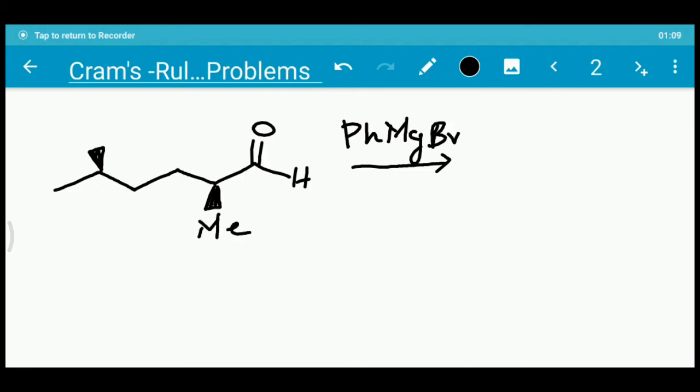This is my starting material, and I have to predict the product and also the stereochemistry of the OH group that is going to be formed here, with respect to methyl. In other words, I have to say whether the relationship between the OH and methyl is cis or trans.